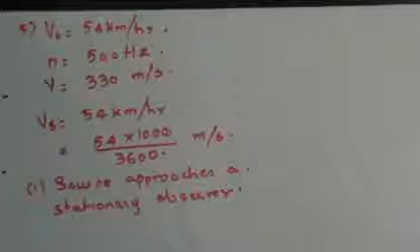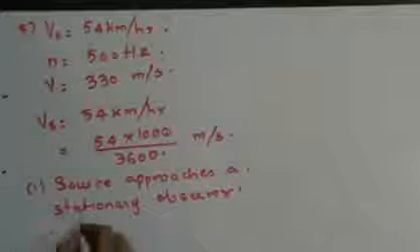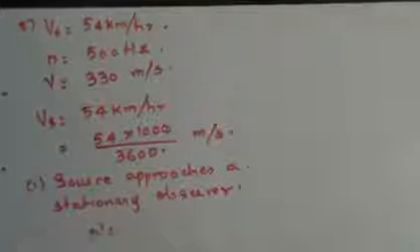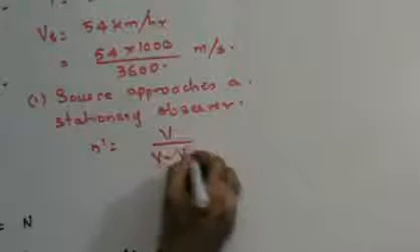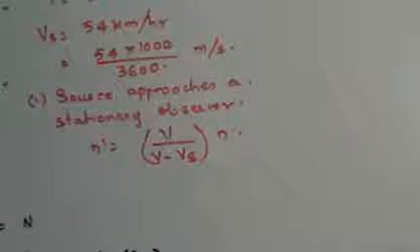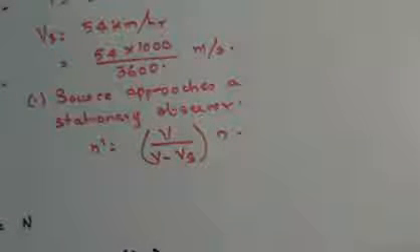If the source approaches a stationary observer, the apparent frequency that the observer would hear is V upon V minus Vs into N. You know V, you know Vs, you know N. You can substitute the values and get the answer.